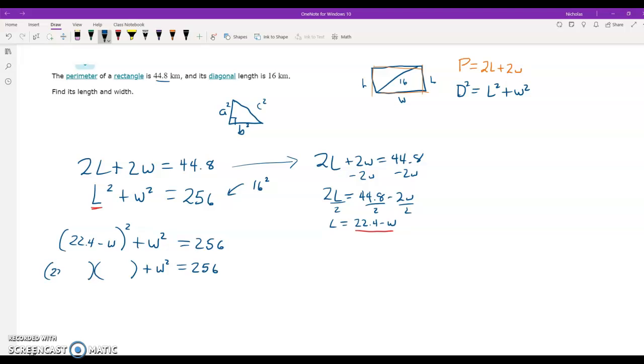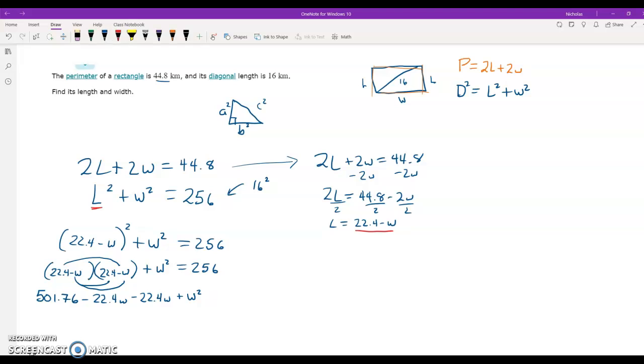And so this would be 22.4 minus W, 22.4 minus W. Let's FOIL this out. 22.4 times 22.4 gives us 501.76. Minus 22.4W minus 22.4W, and then negative W times negative W gives us a positive W squared.